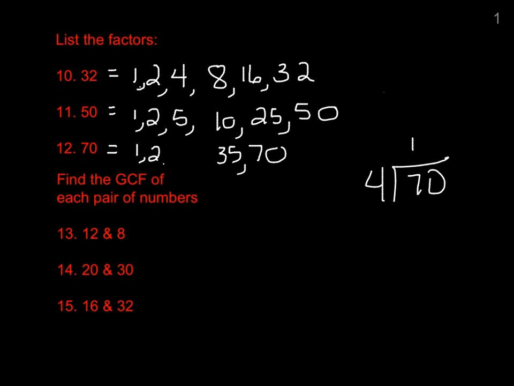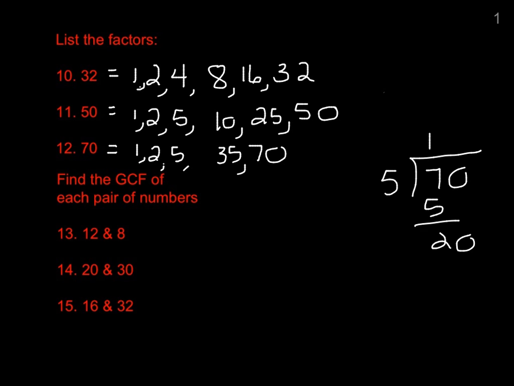Goes into that one time. And then we have 30, since 4 doesn't go into that evenly, 4 doesn't go into it. We know 5 does because it ends in 0. So again, let's figure out how many times that goes in. It goes there once. So it's 14 times 5. And I'm running out of room, so let's move those over.